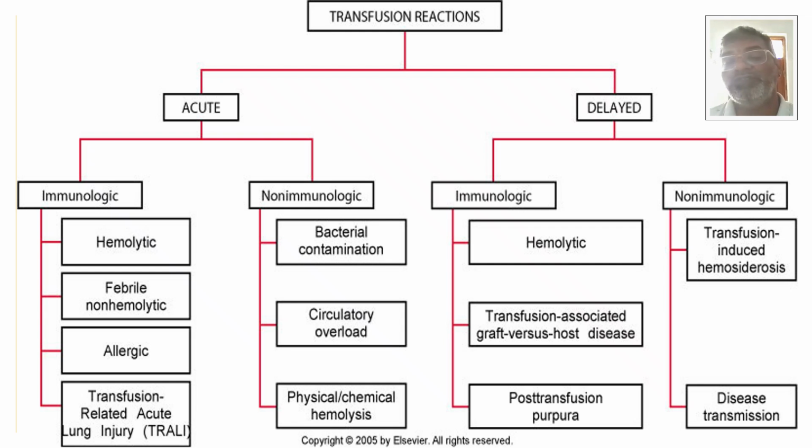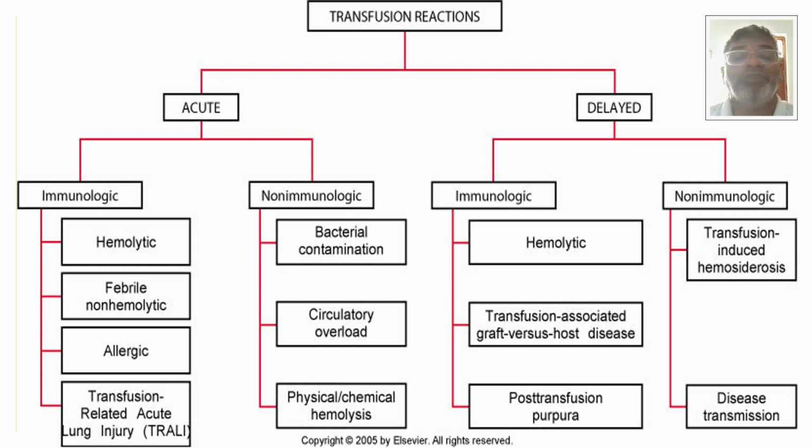Coming to the delayed transfusion reactions that will occur after the 24 hours, they can be immunologic and non-immunologic. Under the immunologic delayed transfusion reactions, they can be hemolytic transfusion reactions, transfusion-associated graft versus host disease, and post-transfusion purpura. Under the non-immunologic delayed transfusion reactions, it is transfusion-induced hemosiderosis and others.